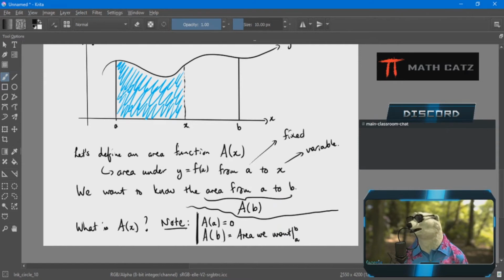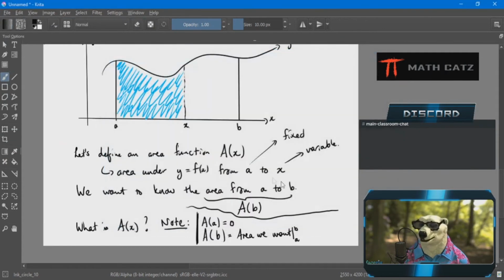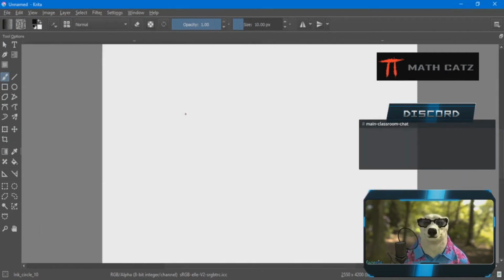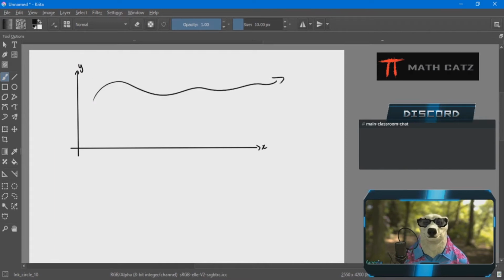So let's make a new page here. And let's figure out how we can make sense of this area. I'm just going to redraw this to not jump back and forth, so that one sketch doesn't get too cluttered. I'm just going to copy this, whatever the area may be, coming from my function, or whatever the line may be coming from my function.